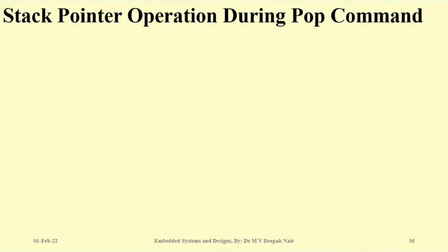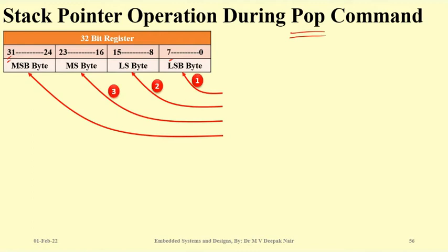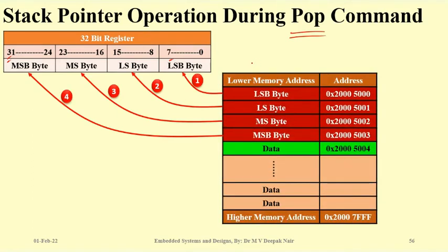What happens when we pass a pop command in a 32-bit embedded system? Again, we can divide the 32-bit register into 4 different bytes, named from bit 31 to bit 0: MSB byte, MS byte, LS byte, LSB byte. Now, how does the pop instruction actually work? To fill the register, remember, it follows the opposite of the push operation.